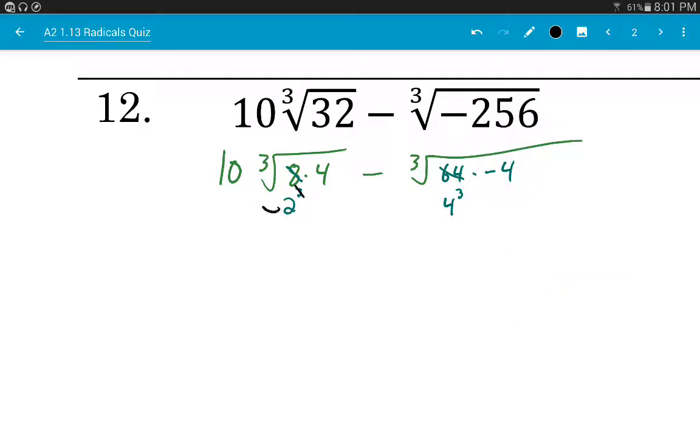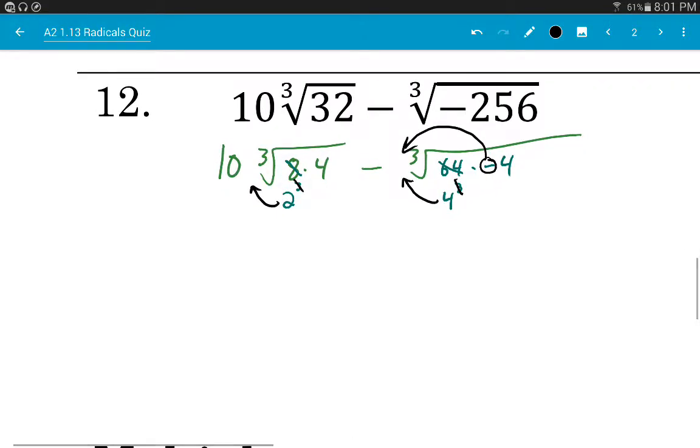This 2 is able to come out, because it had a cube. This 4 is able to come out, because it had a cube. And also this negative sign can, because that's just the rule. Negative signs can come out from underneath a cube root. So 2 and 10 is 20, cube root of 4.